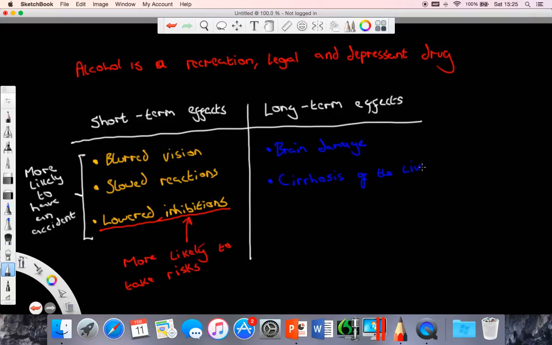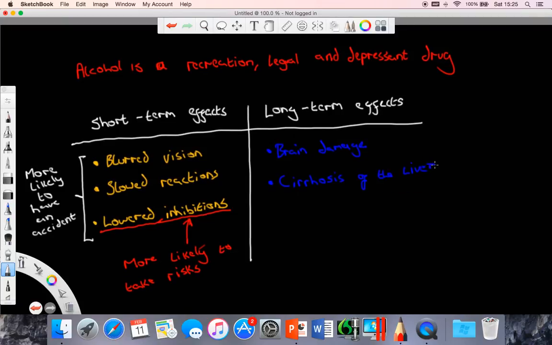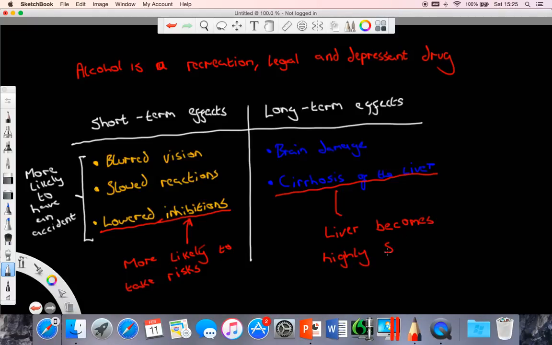Okay? And what this is, is your liver gets lots of scars on it. Okay? So your liver becomes highly scarred.